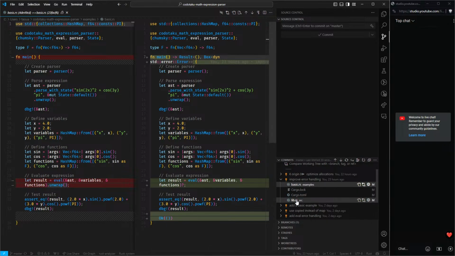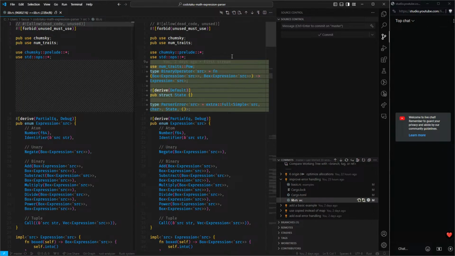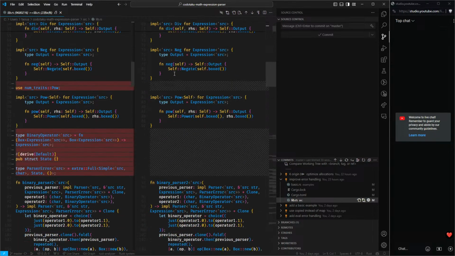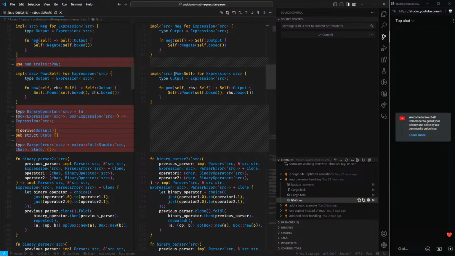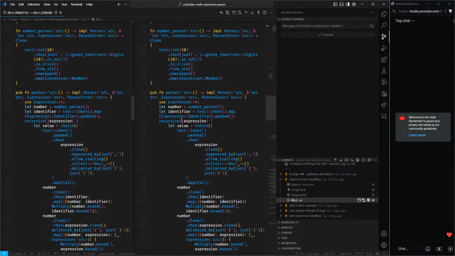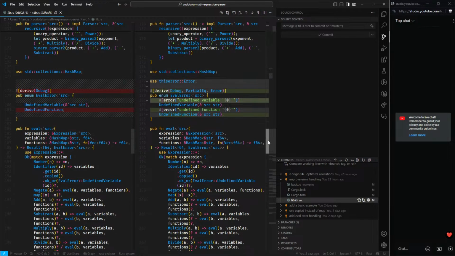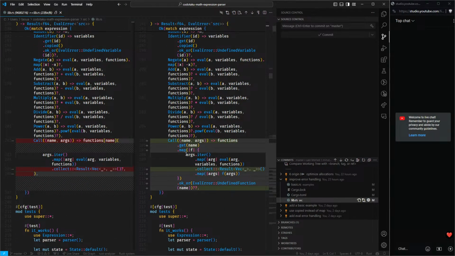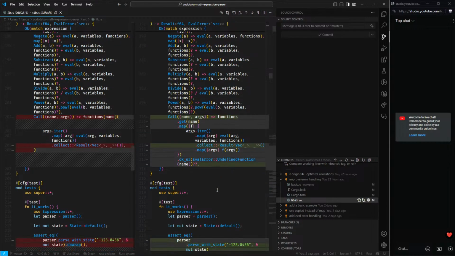And other than that, we have lib.rs. We just changed the position of these. This is our evaluation error that we added last stream, and we have made sure to handle the function error correctly with it, an undefined function error instead of crashing, pretty much.